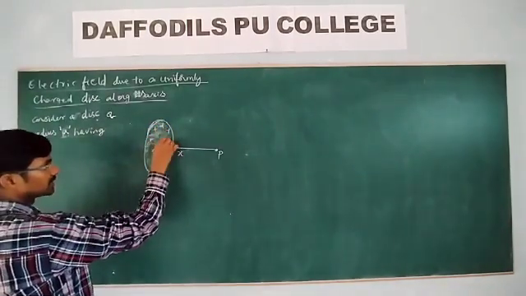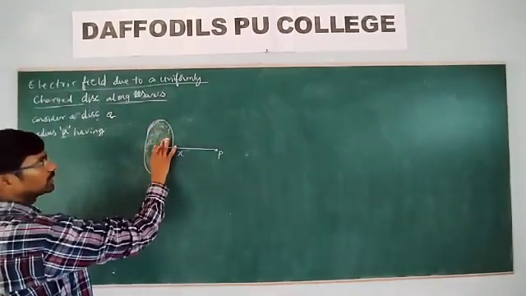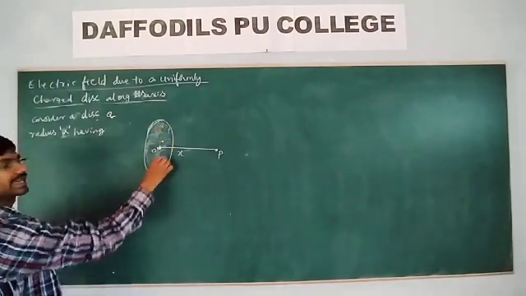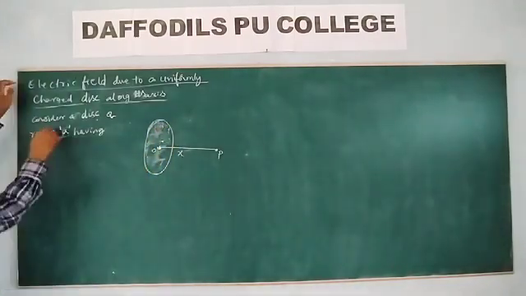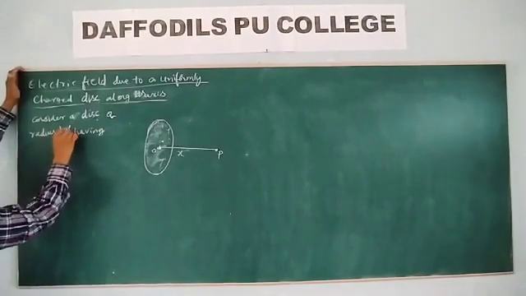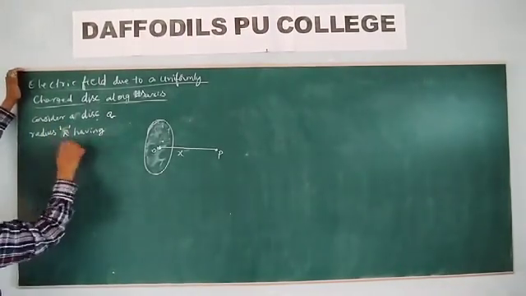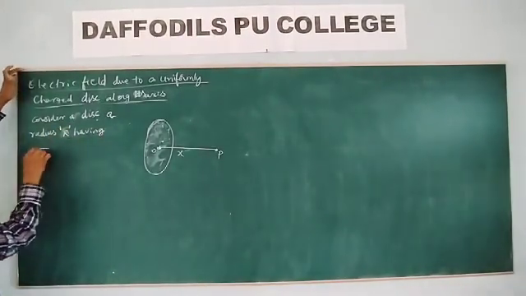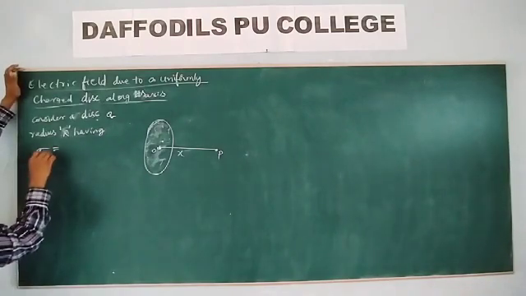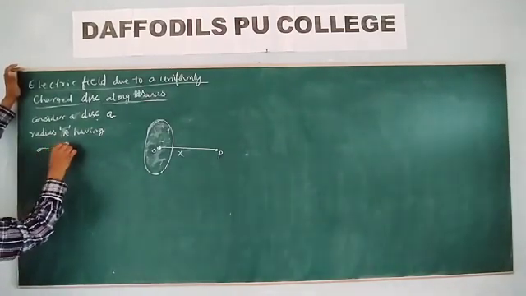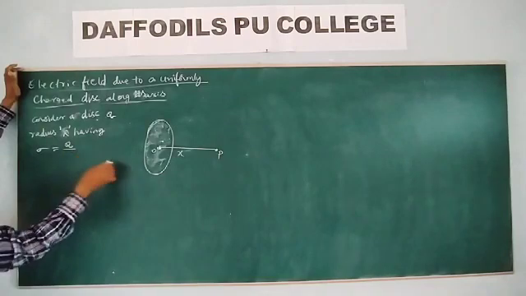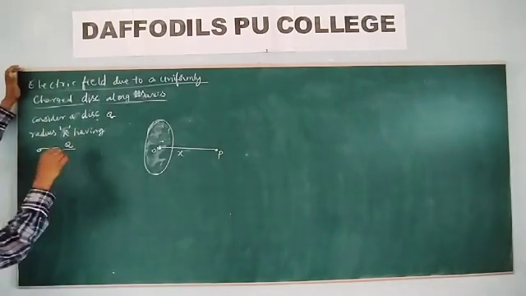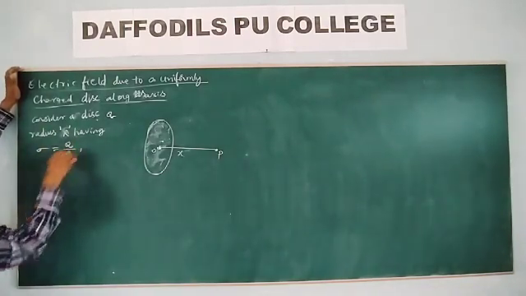Is it? Everything is charged. Sigma is nothing but the surface charge density. Sigma is equal to Q by A. What is the area of this one? Pi r square.